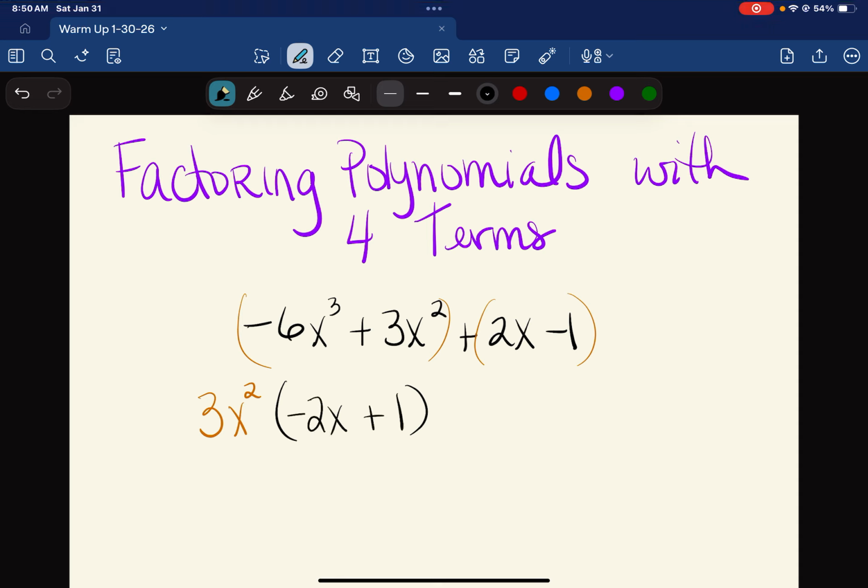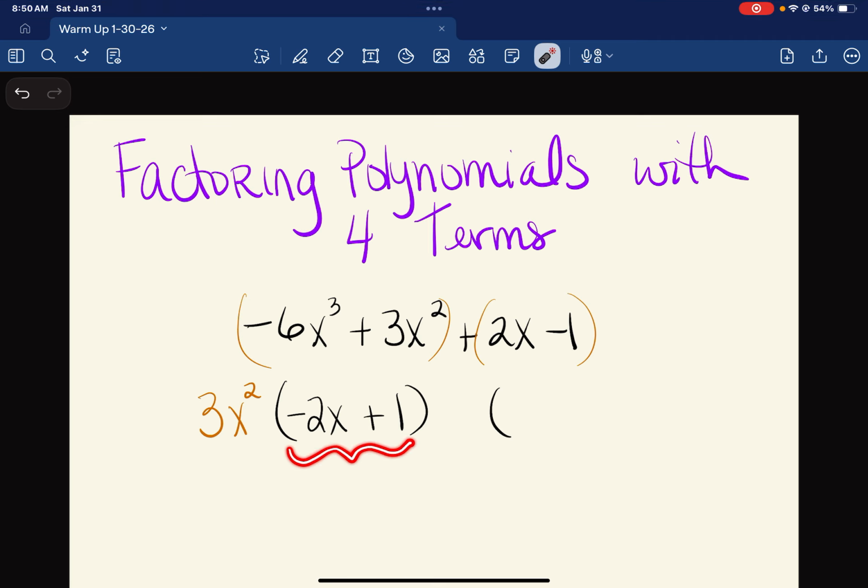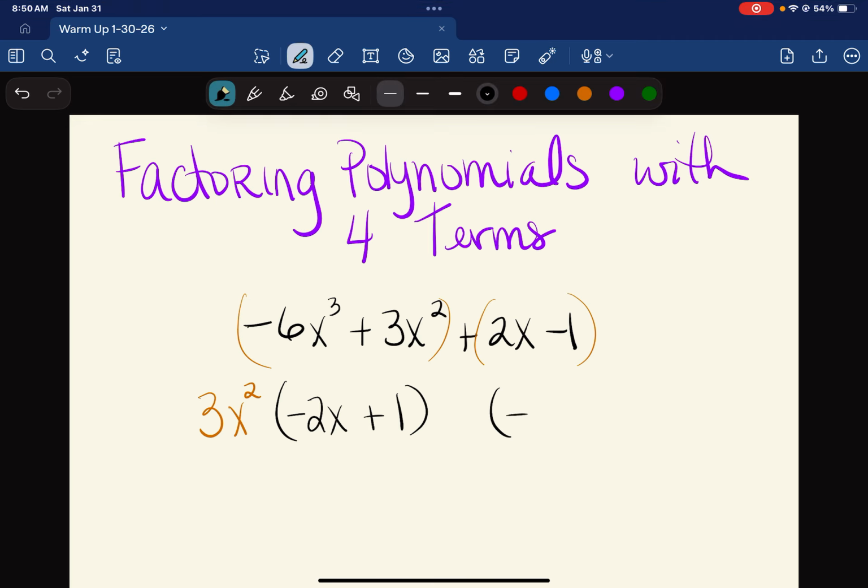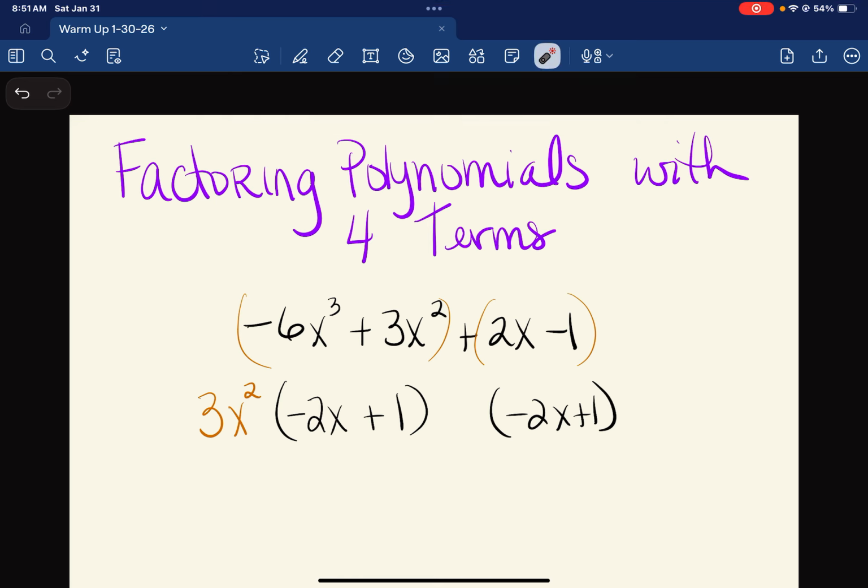Now let's look at our second binomial, 2x minus 1. I've got to factor something out of it, but I want the expression in my set of parentheses to be exactly the same as this first one. So I need it to be a negative 2x plus 1. Well, what can I factor out of 2x minus 1 to turn it into this? Hopefully you recognize you can just factor out a negative 1.